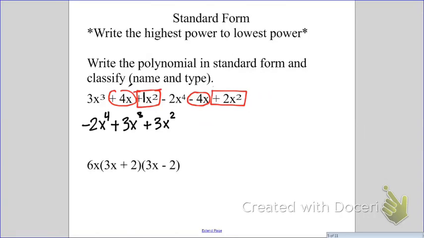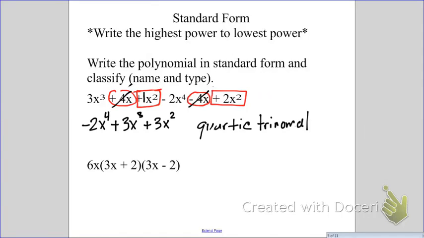And then lucky for me, 4x and negative 4x make 0, so those go away. The highest power I see is 4, so this is a quartic. And it has 3 pieces, so it is a trinomial. A quartic trinomial.